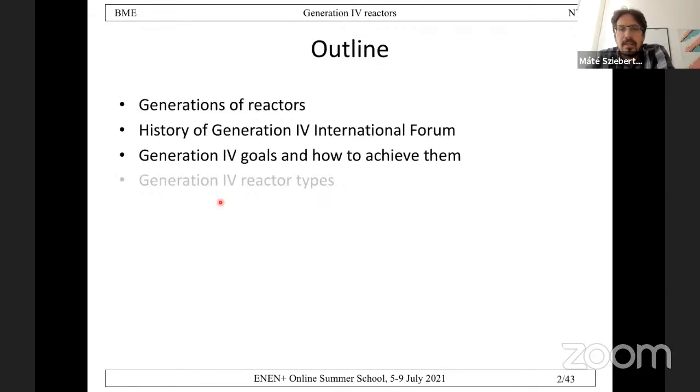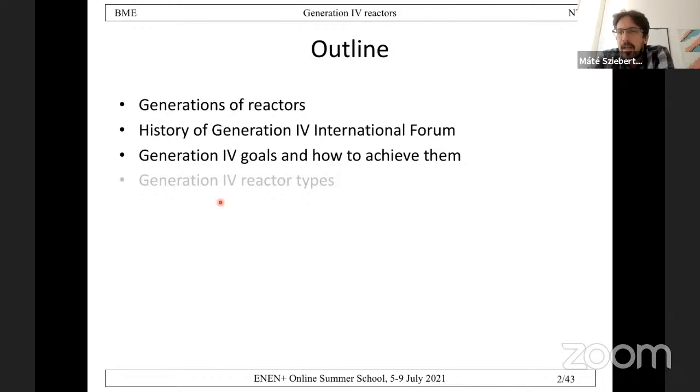First of all, let's talk a little bit about what these generations of reactors are and why it is the fourth. What is this Generation 4 International Forum, what are the main goals set and how to achieve them. So these are a general approach to Generation 4.